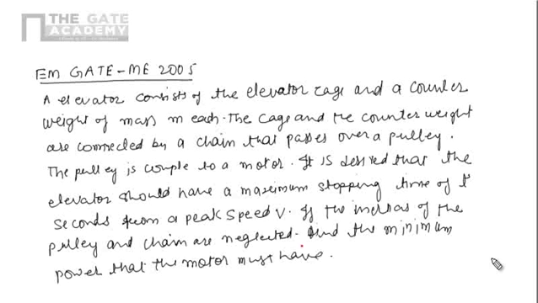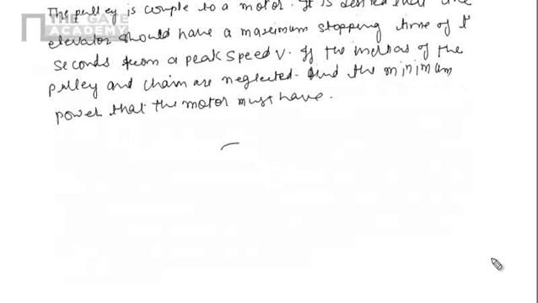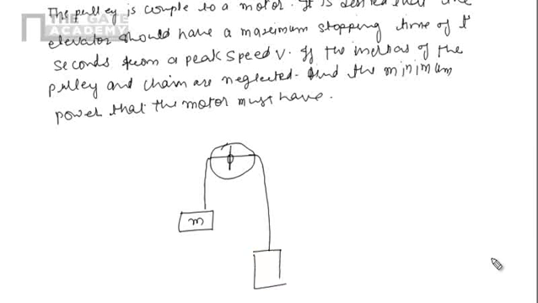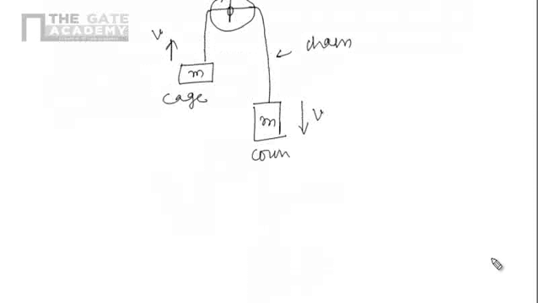So now here I am drawing the diagram. Pulley is there from which the motor is coupled, and there is a cage of mass m, and here there is a counterweight of mass m, and this is the velocity v, and this one is the chain, this one is cage, and this one is counterweight.